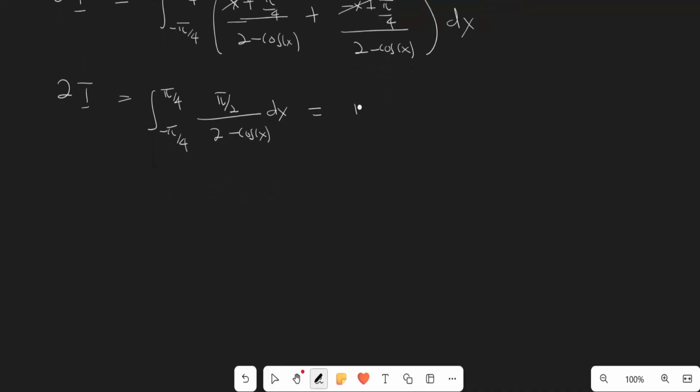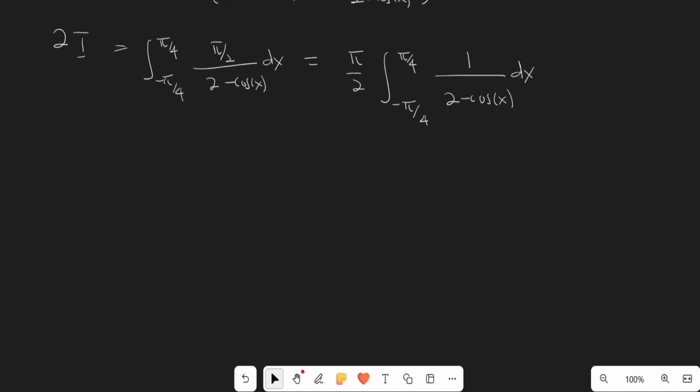And pi over 2 is a constant, so it goes in front of the integral. That is the integral from negative pi over 4 to positive pi over 4 of 1 all over 2 minus the cosine of x dx.